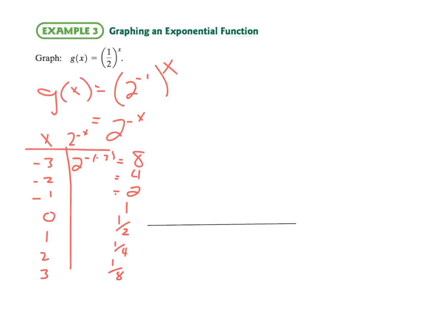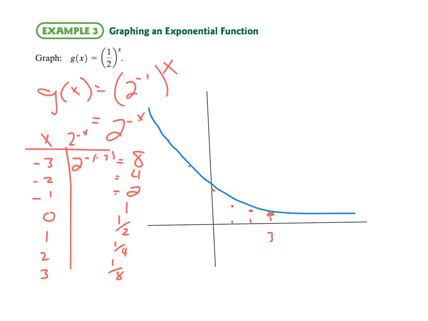When we graph this, let me draw my axes, we get a graph that's similar, but flipped on the vertical axis. At 3, I'm at 1/8, then I'm at 1/4, then 1/2, then 1, 2, and our graph is going to look something like this.